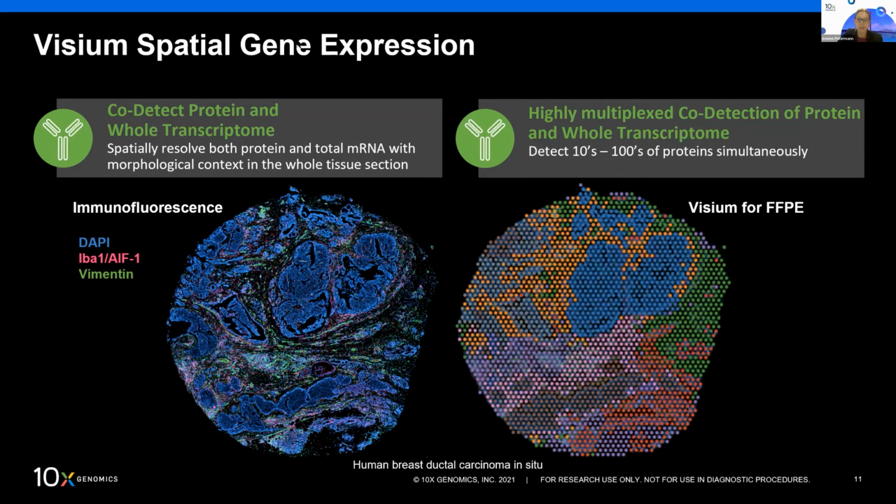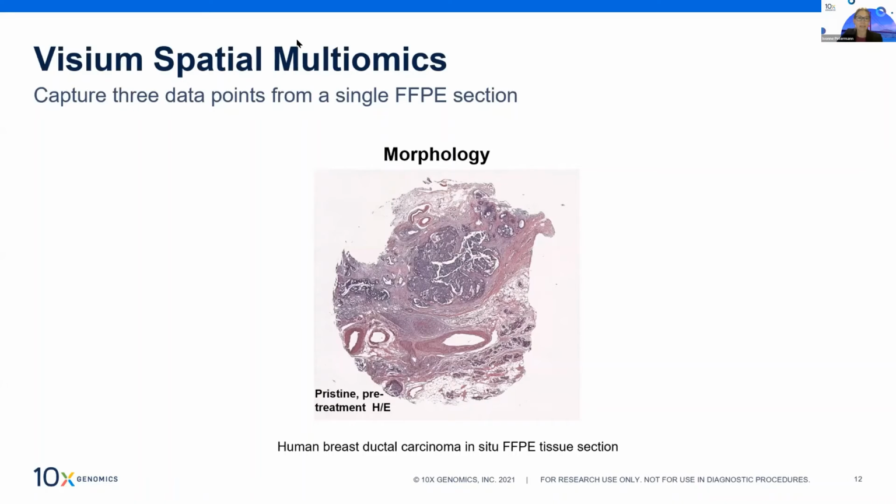And this is going to be done via oligos that are hybridized to the antibodies, and we are basically capturing just that little information from the oligo rather than measuring immunofluorescence via the antibody. So that allows us this high multiplexing in the future.